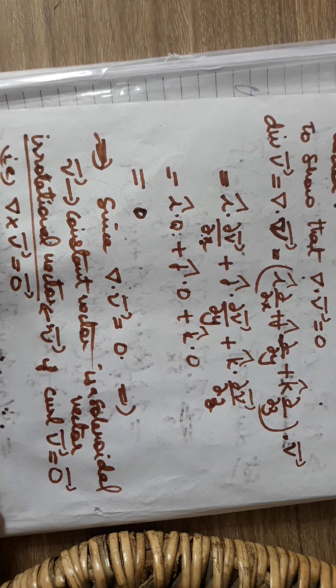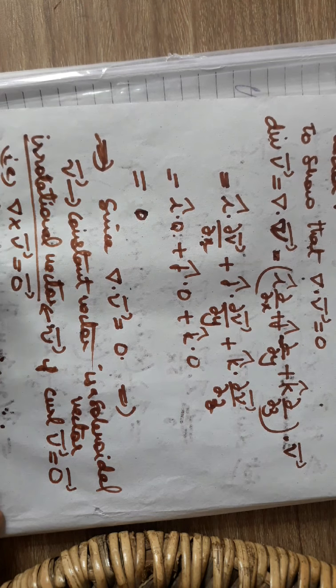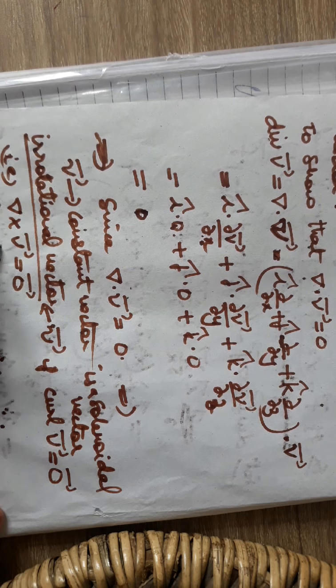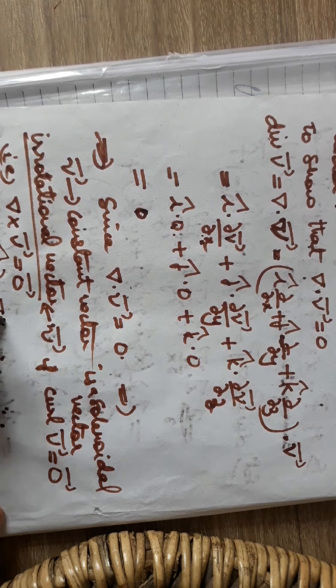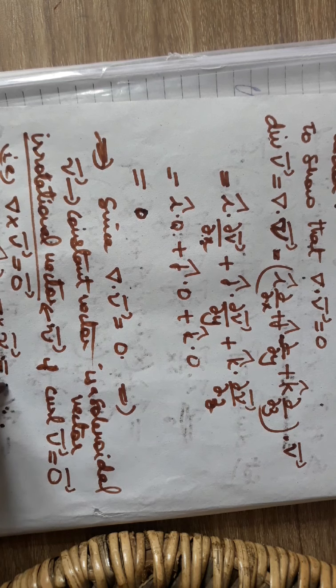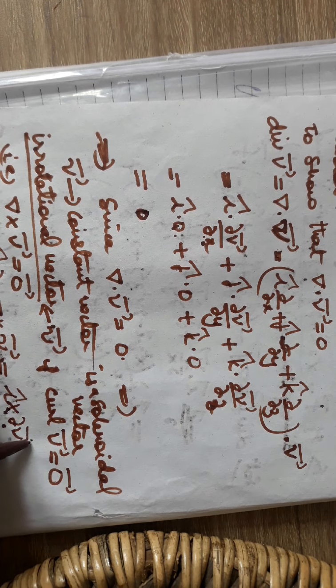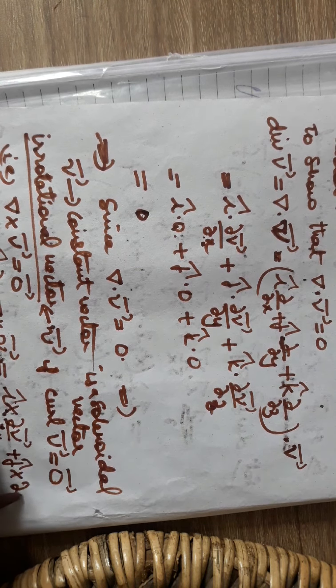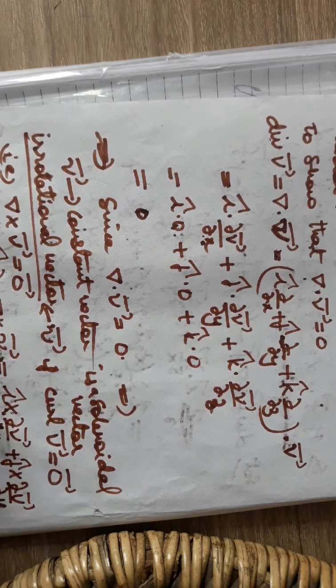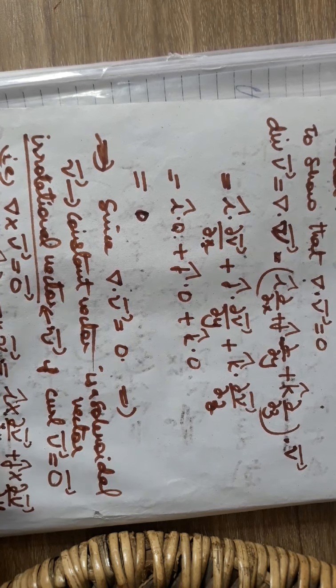So the curl of v bar is del cross v bar, which is equal to i cross del v bar by del x plus j cross del v bar by del y plus k cross del v bar by del z.